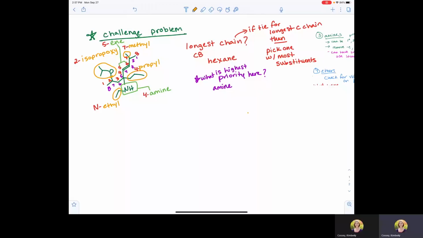All right. So the first thing we're going to do is we're going to do the substituents, right, in alphabetical order. So we've got an I, an M, a P, and an E. So the first one will be E. Then the next one's going to be I, so 2-isopropoxy.